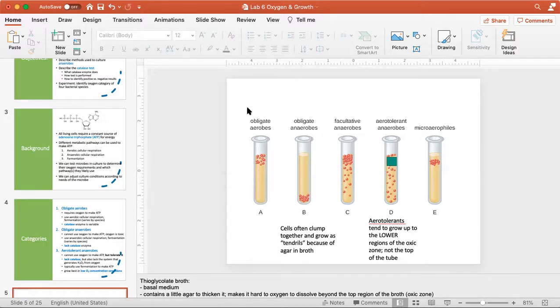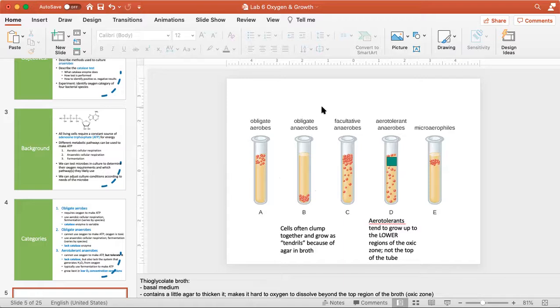Now, if you're an obligate aerobe and you are sitting in this tube, you're going to want to stay where the oxygen is. So these red cells will only grow in the oxic zone. If you're an obligate anaerobe, you don't want to be near the oxygen. Oxygen's toxic to you. So they grow way down at the bottom of the tube.